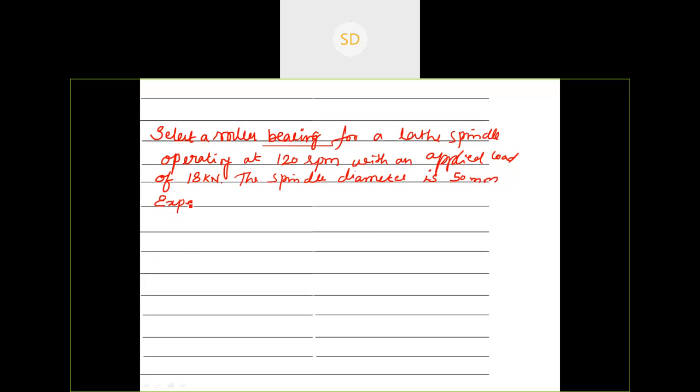So now for roller bearings, you won't get a thrust load here. You have only a radial load. So first we note down the given data. Speed n is 120 rpm.